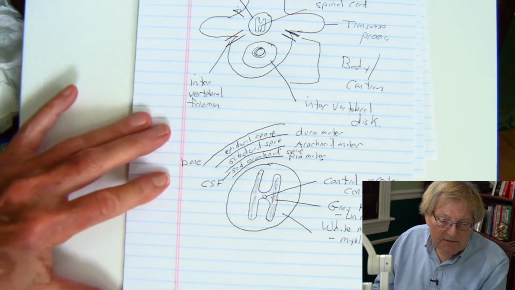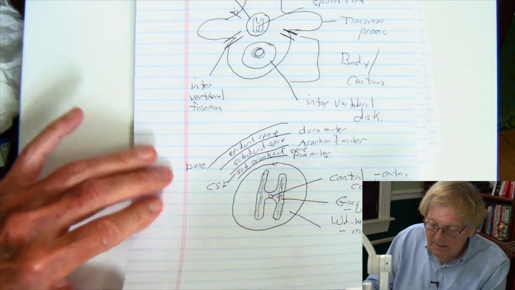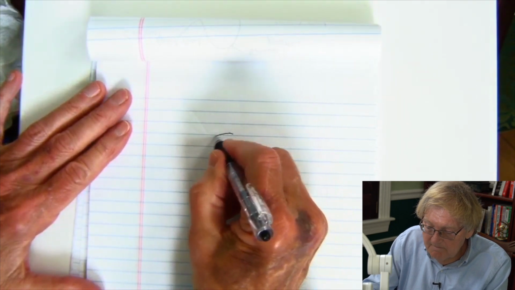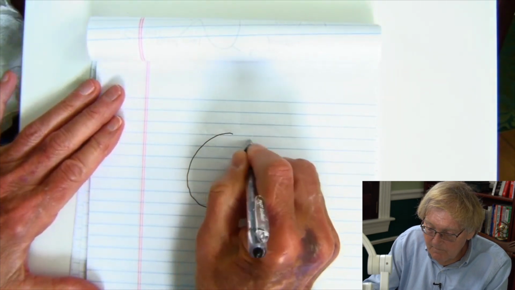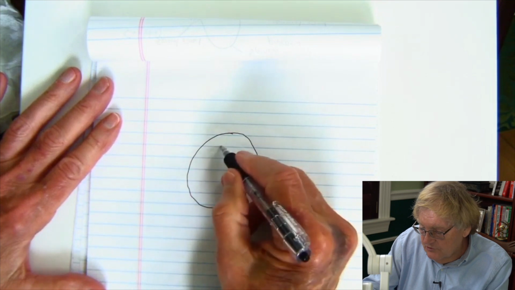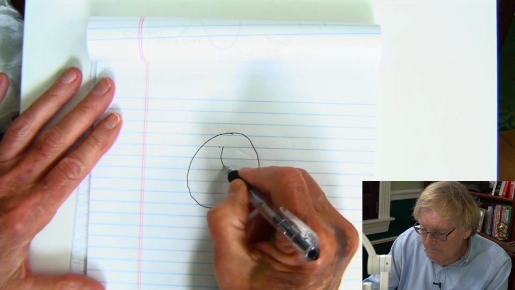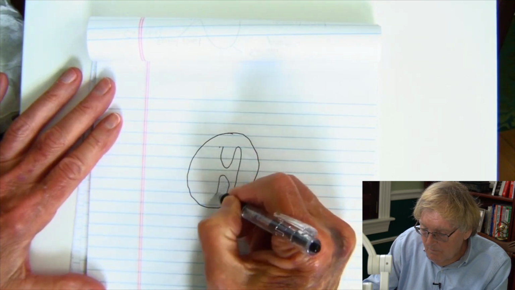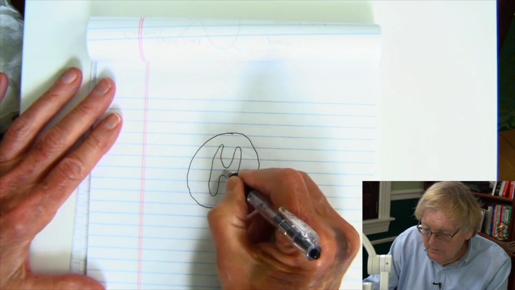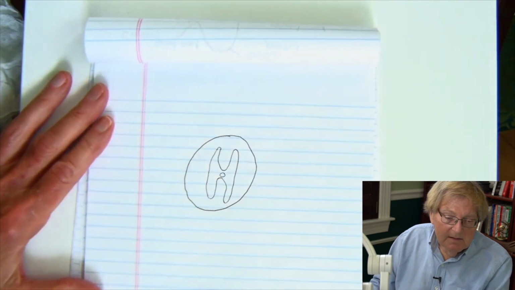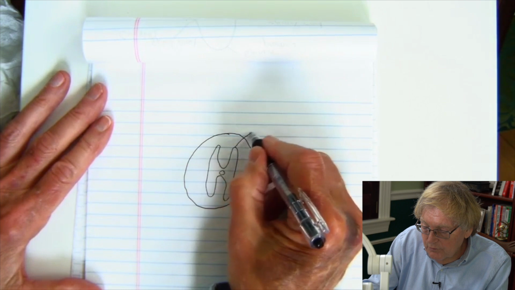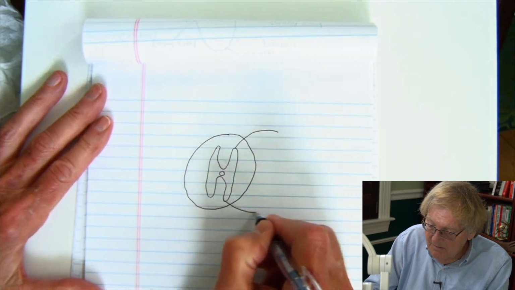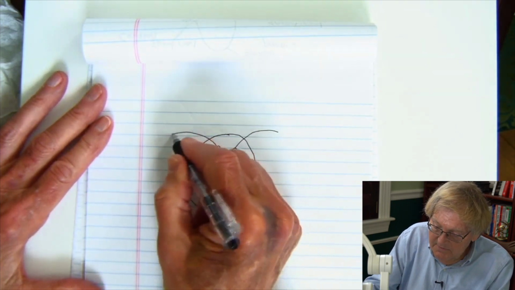Now we can tie this all together very quickly by saying that if we draw that large circle one more time, and we draw that H in the middle, and that central canal, and coming off of there are going to be roots. So there's going to be a root coming off of the top and the bottom.